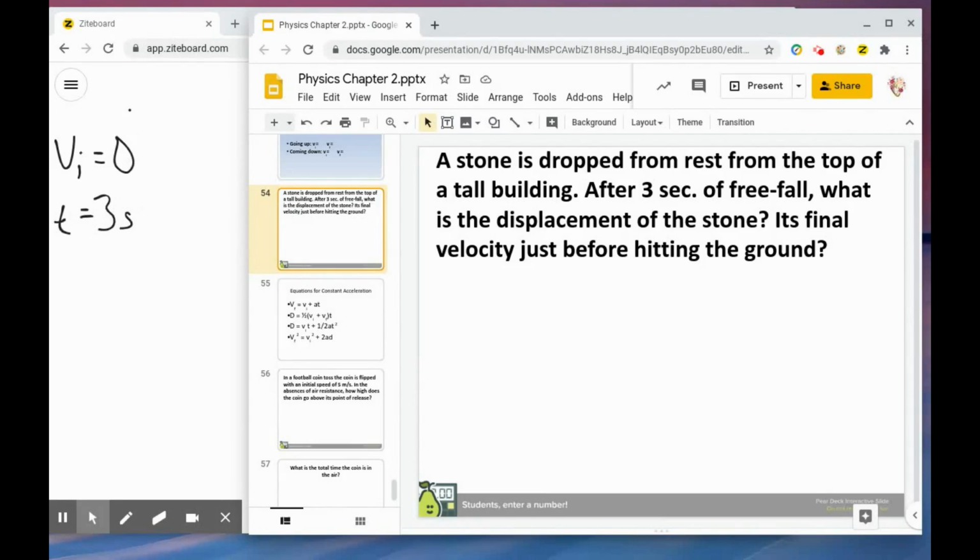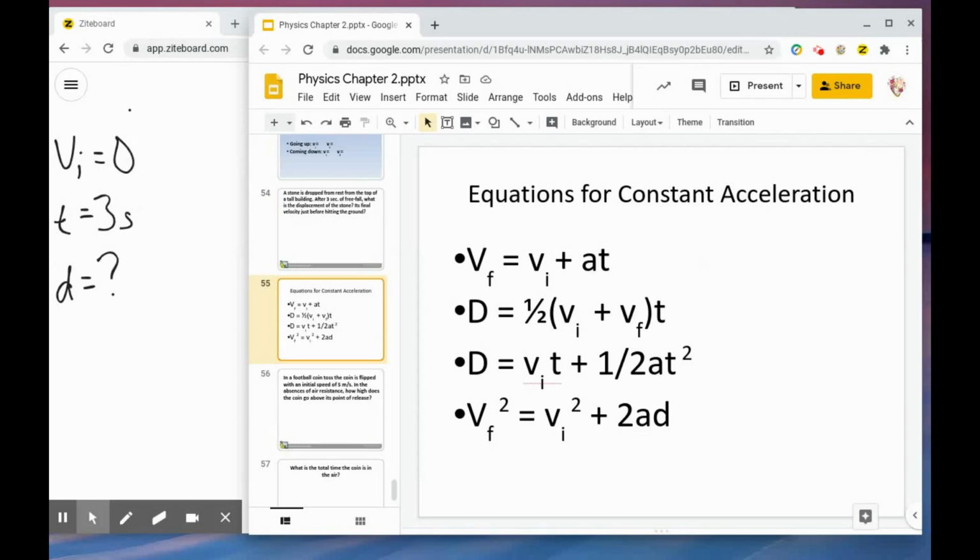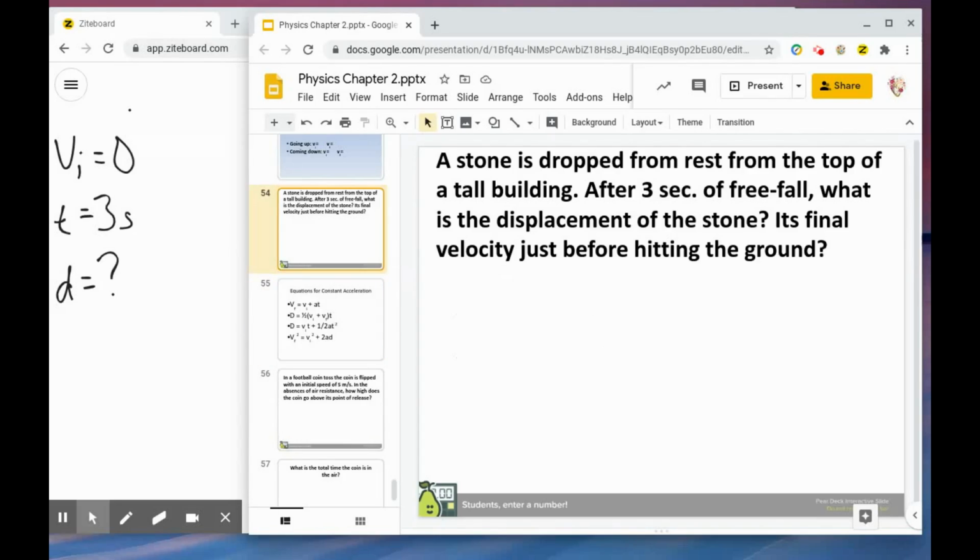What is the displacement of the stone? So we're looking for displacement. In this, it looks like we only have 3 variables, but remember when we're using these equations, we need 4. But it does say that it's dropped and it's in free fall, so that tells us that our acceleration is 9.8.